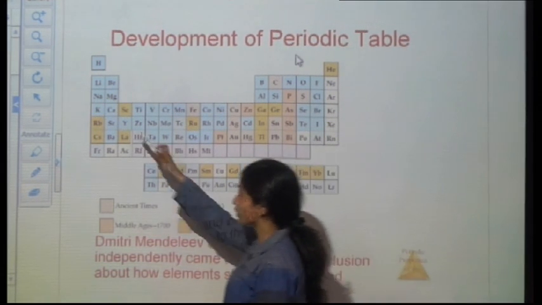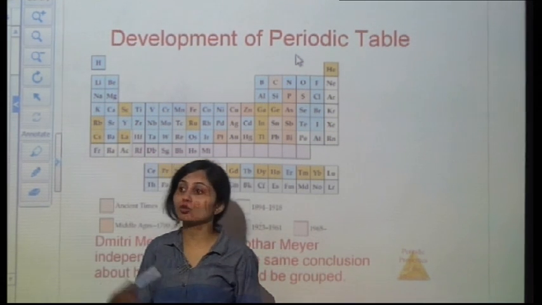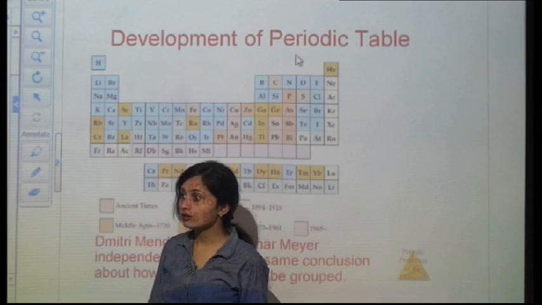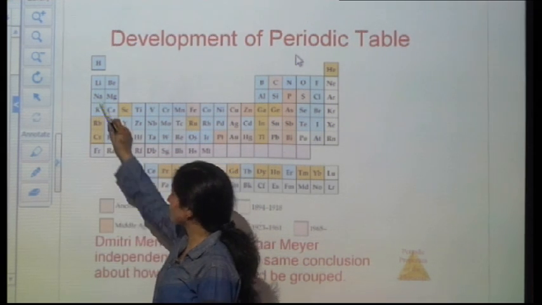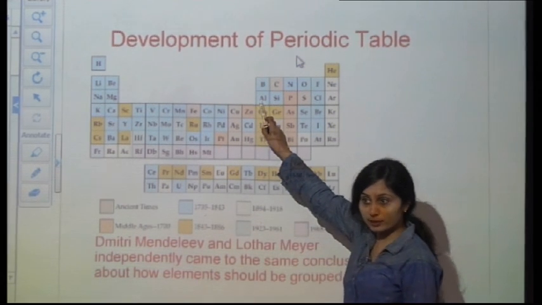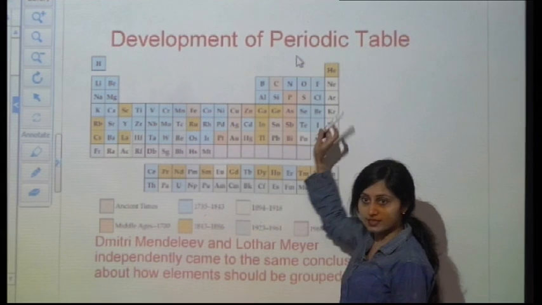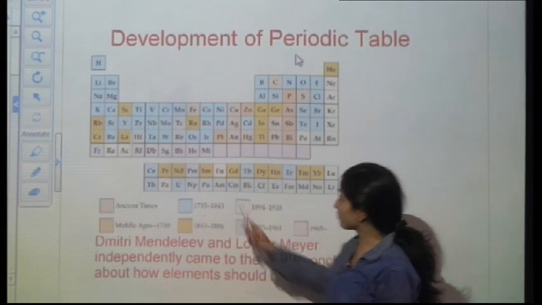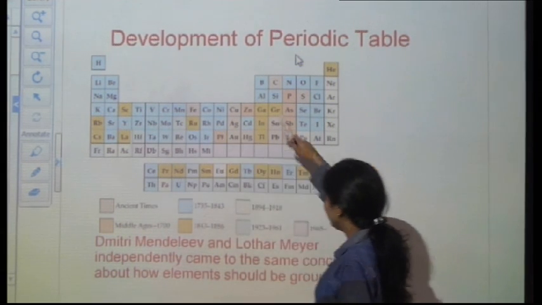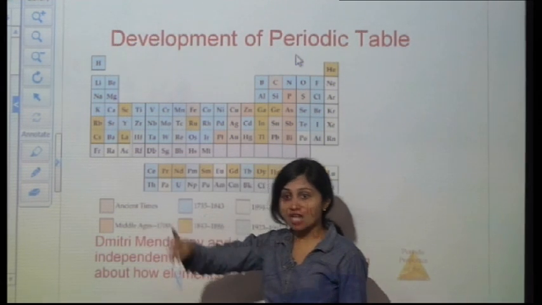Then we move on to the third one. Sodium is 1s2 2s2 2p6 3s1, now third period. The third principal shell will start getting filled up: 3s1, 3s2, 3s2 3p1 and so on till 3p6. Remember that electrons are getting added to the same shell only.